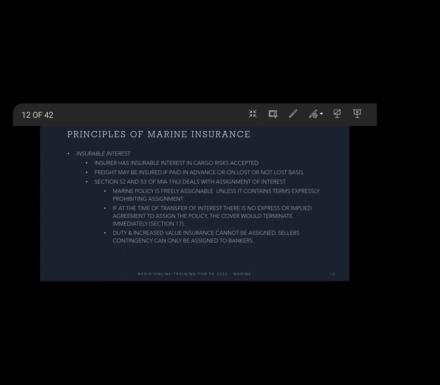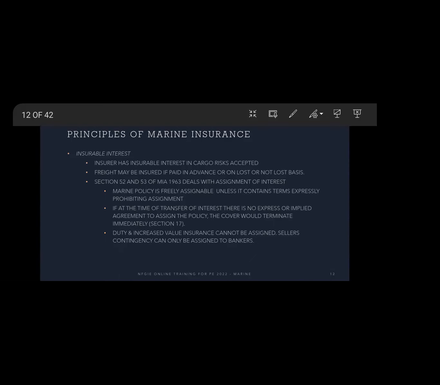So the marine insurance policy will be taken by the seller. But even after the sale happens, after the insurable interest is transferred at the port of loading, cover continues because there was an agreement between the buyer and the seller prior to the transfer of interest taking place.